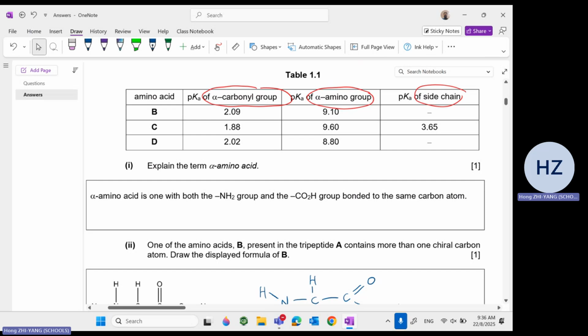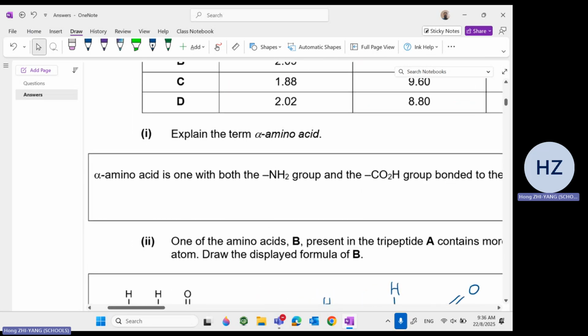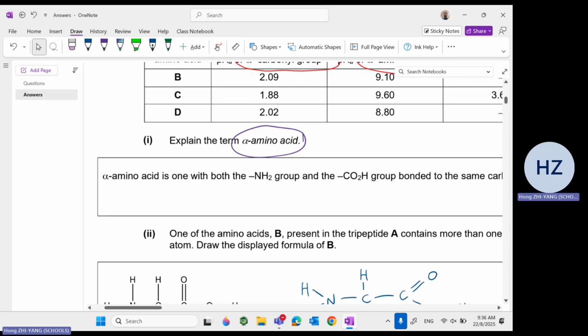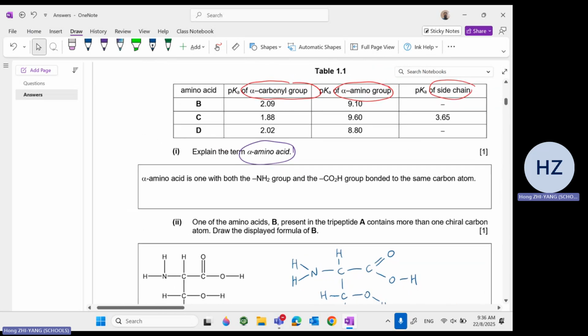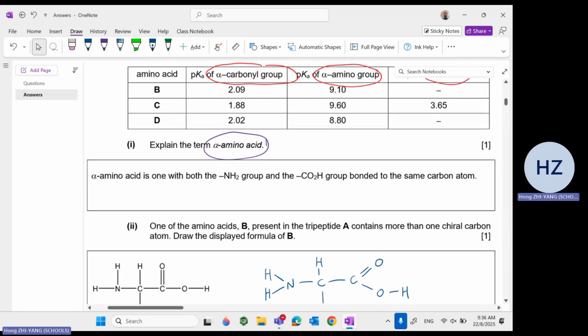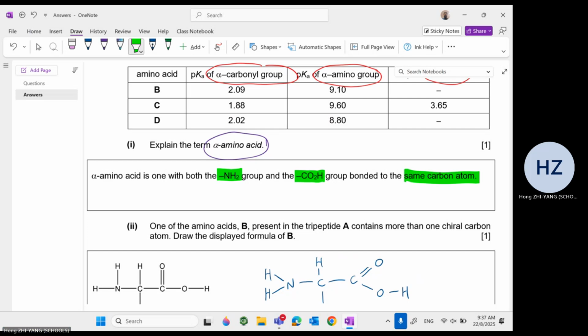So we have a term alpha amino acid. It's actually a definition. So I think it could be new to you. So you can take YIJC's answer. It's actually the phrase, right? The key words are that the amine and the carboxylic acid are bonded to the same carbon atom. That's the key words they're looking out for.